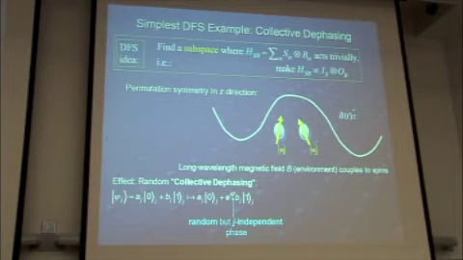Remember the example of the two coins flipping? Why was the environment in the case of the two coins unable to independently flip the two coins? It could only do them together. It's because it has a long wavelength in some sense. So this is the same situation. We have a long wavelength environment. And all it does is couple along the z direction.